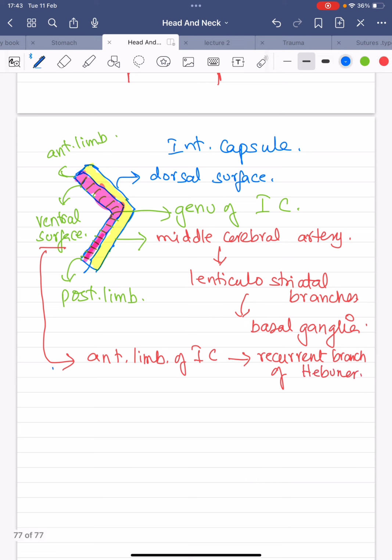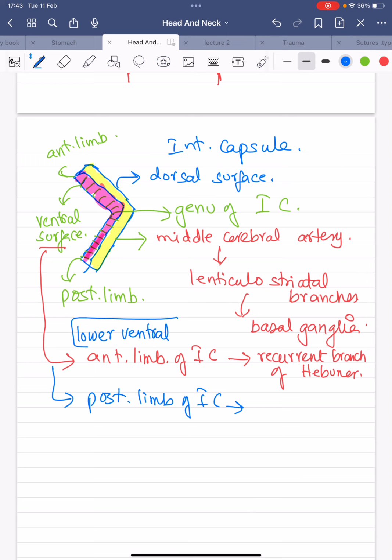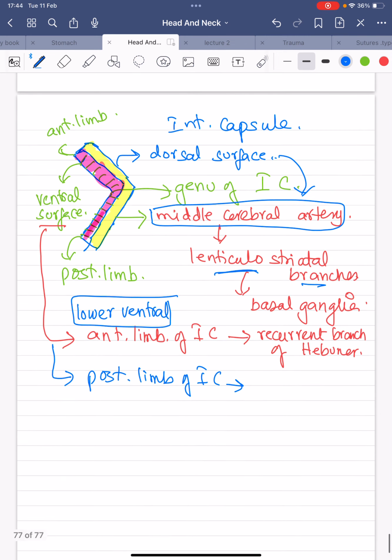Second MCQ: the posterior limb of the internal capsule, which is the blood supply of the lower ventral part. The dorsal part is given blood supply by these branches. So the posterior limb of the internal capsule is given blood supply by the anterior choroidal artery.